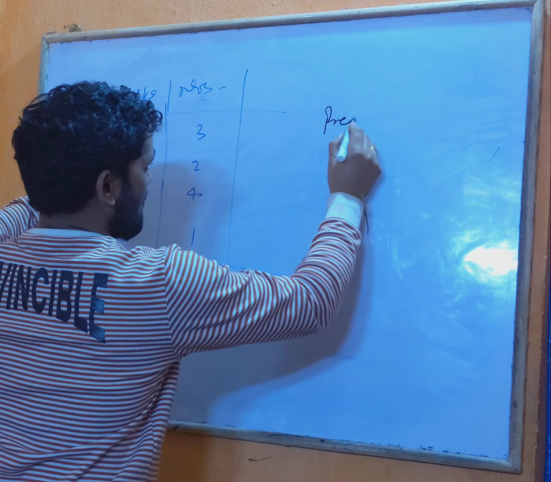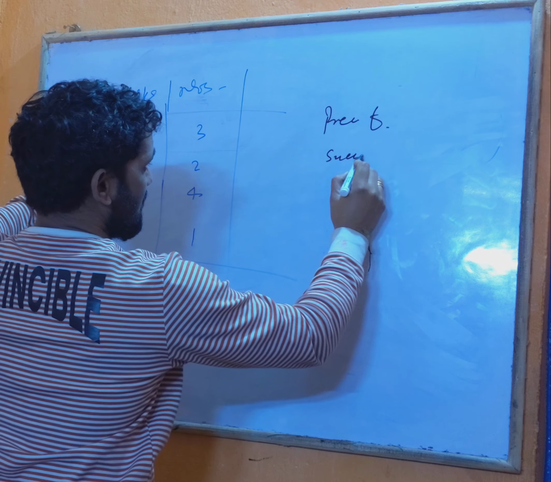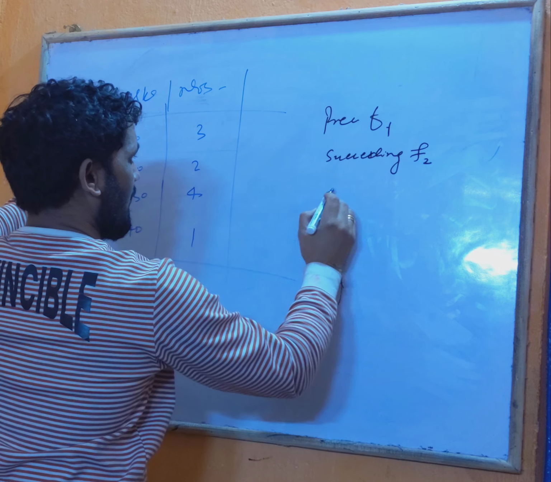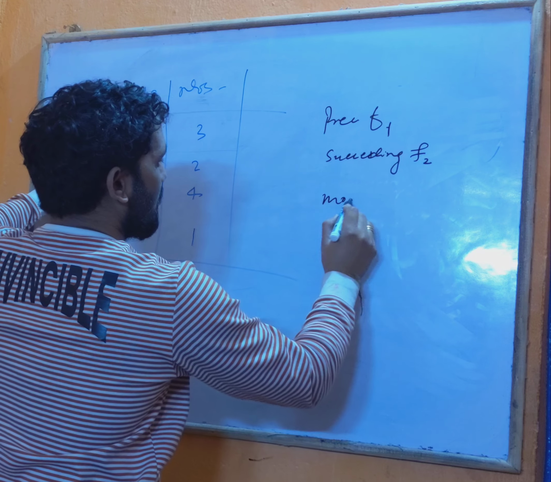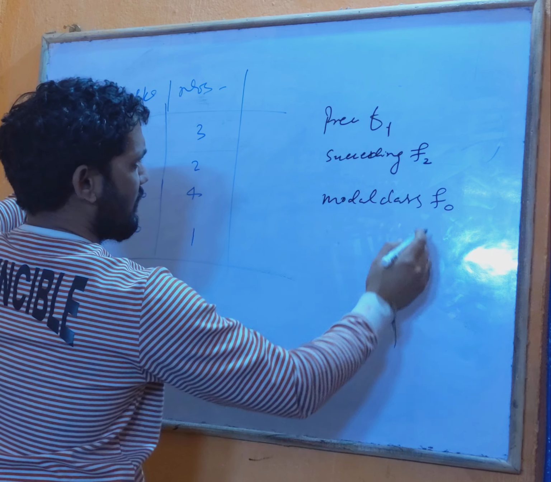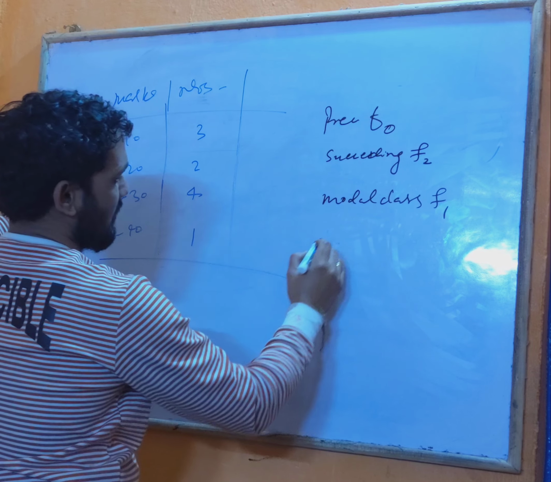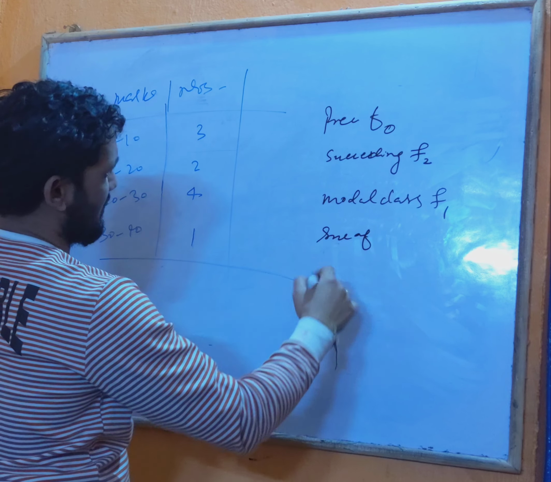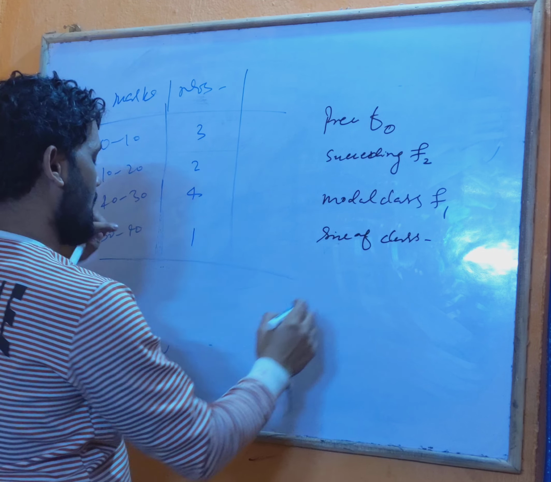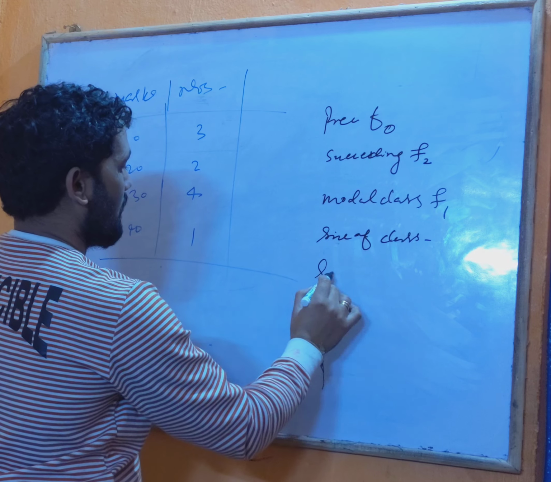First one is preceding frequency, second one is succeeding frequency, and the model class frequency, we can say f naught, this one is f1, and the size of the class, here size of marks, and the lower limit of the class.